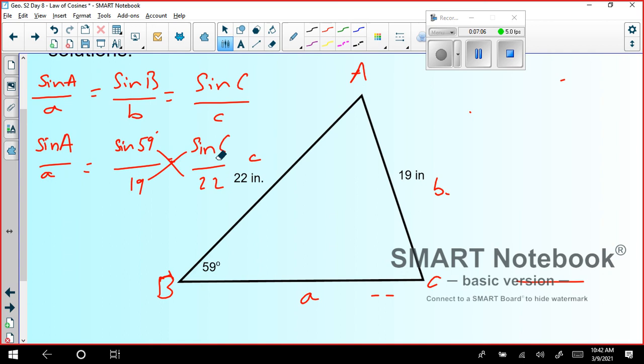I can cross multiply and try to get the value of C. So it's going to be 22 times sine 59 equals 90 times sine C. So further divide by 90 on both sides.